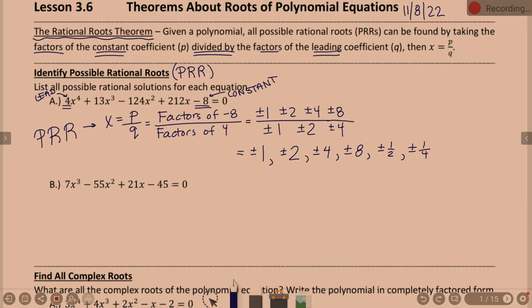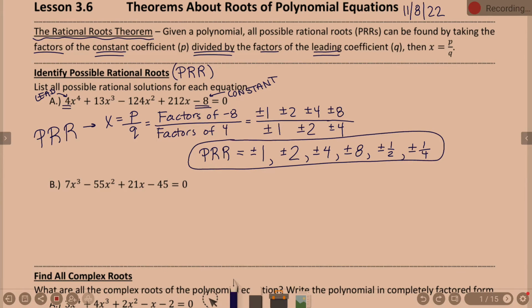Already did that. 8 over 4? 2. So right here is my list of PRRs. Plus or minus 1, plus or minus 2, plus or minus 4, plus or minus 8, plus or minus 1/2, plus or minus 1/4.